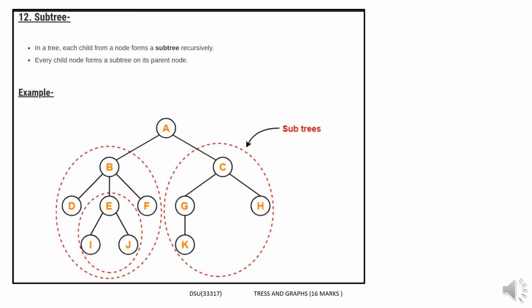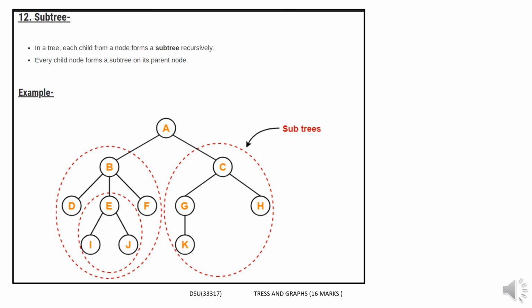Subtree. In a tree, each child forms a subtree recursively. Each child node forms a subtree on its parent node. In this tree, A is the parent node, the main root node. There are 2 subtrees in this tree, with B as a parent node and C as a parent node.